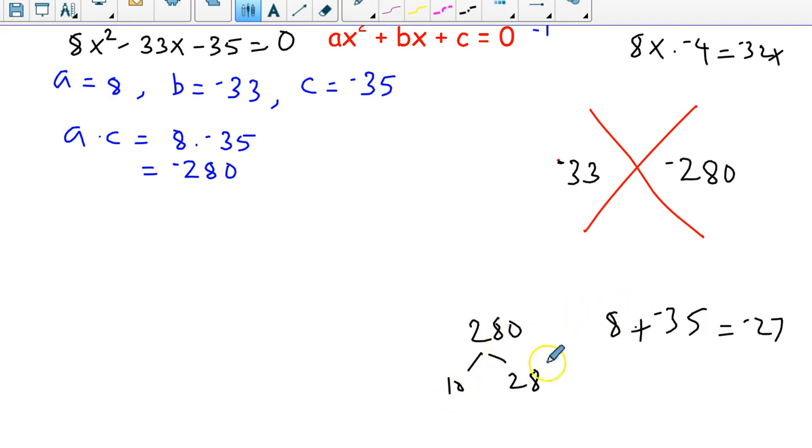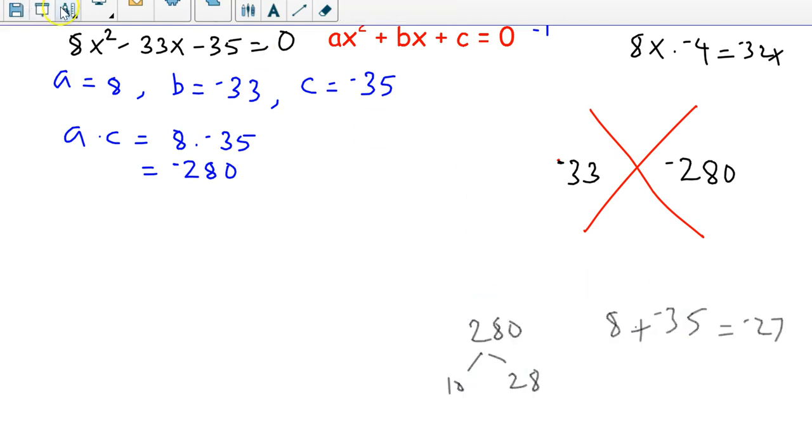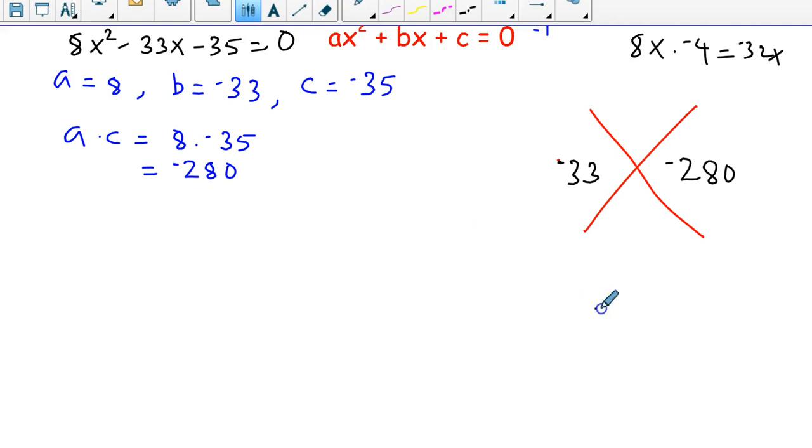Now, likewise, after continuous trying by trial and error method, we came up with the two numbers like 28. You know, this 28 is what? 28 factors are 7 times 4. You know that 7 times 4 is 28.